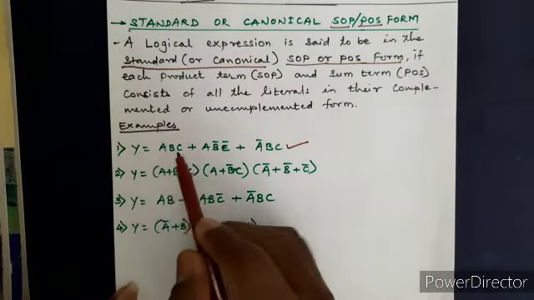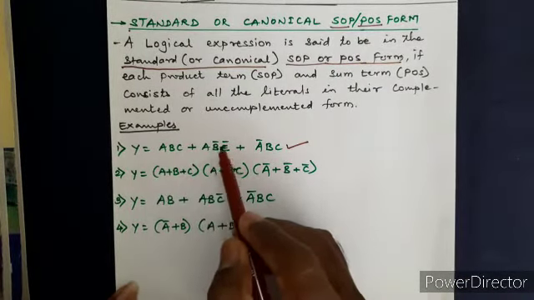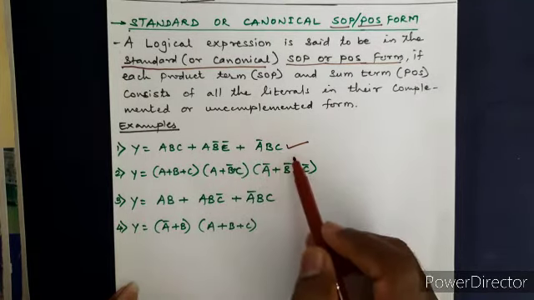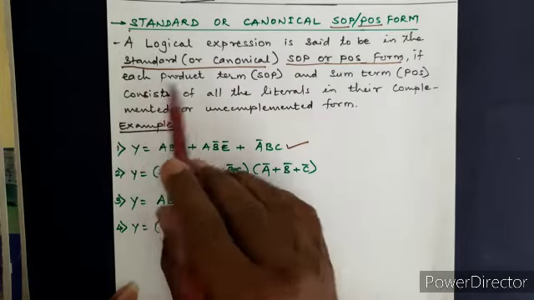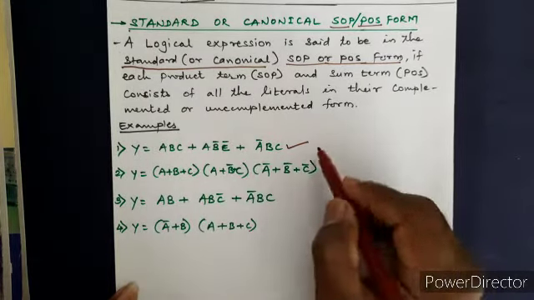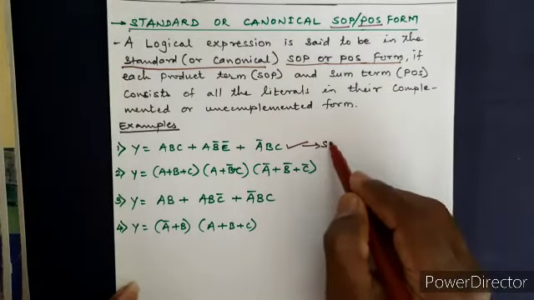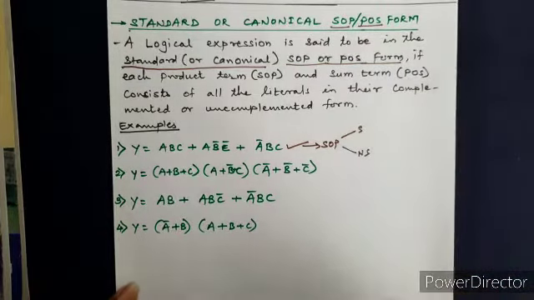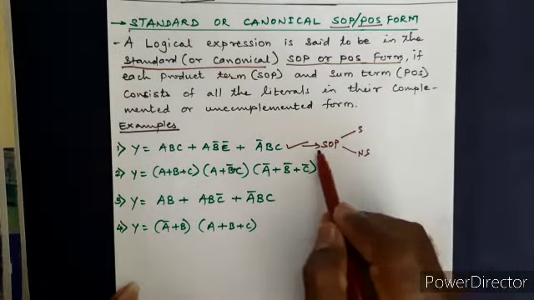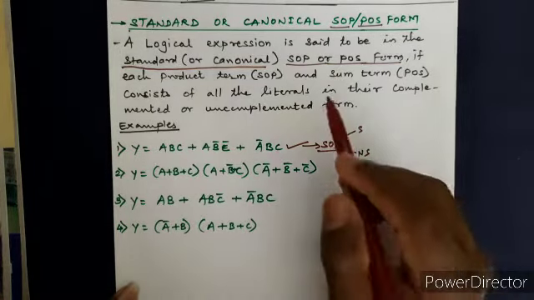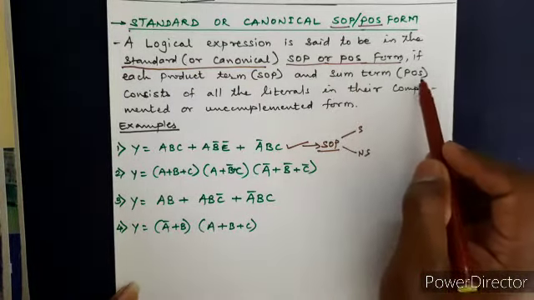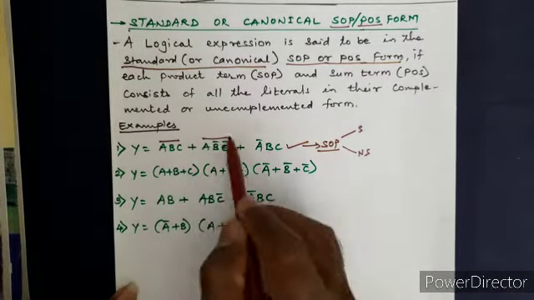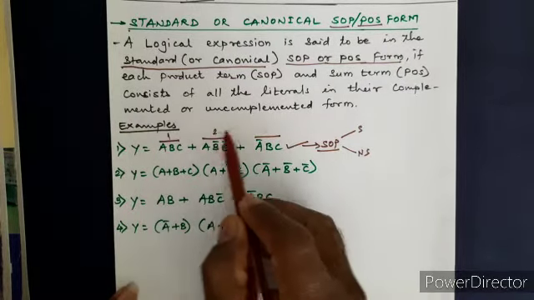So we have y equal to ABC plus A B bar C bar plus A bar BC, right? Each product term in the SOP, now this is SOP form, and we are looking for standard or non-standard form, but basically it is SOP form, and the sum term in the POS. Now consider each term here. This is one term, this is another, this is another, 1 2 3.